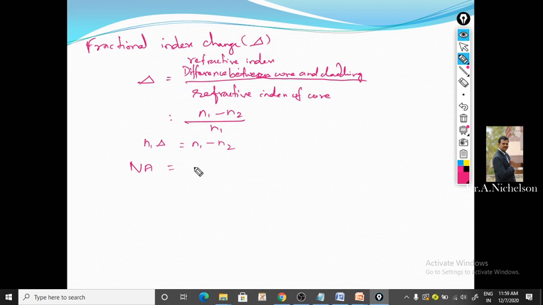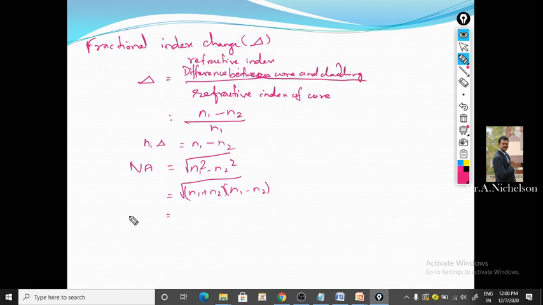Mathematically, a square minus b square is a plus b into a minus b. So n1 plus n2 into n1 minus n2. Right? Now for n1 minus n2 we can use n1 into delta.